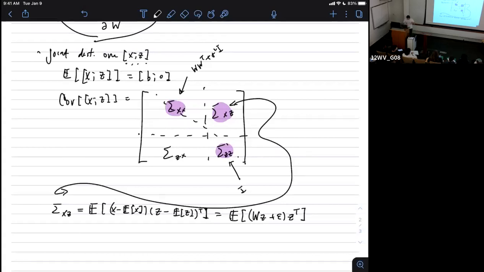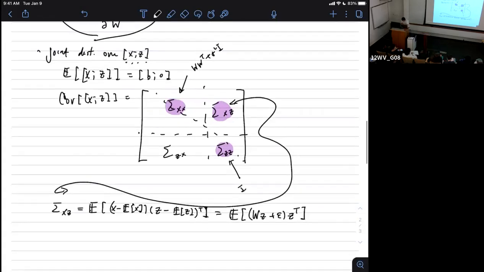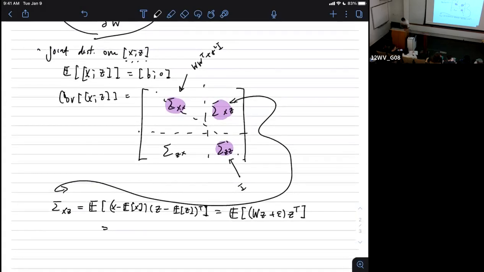Because the expectation of x is the bias, so the bias cancels out on the left side, and the expectation of z is 0, so we just end up with z. By writing this down further, we get w times the expectation of z z transpose plus the expectation of epsilon z transpose.